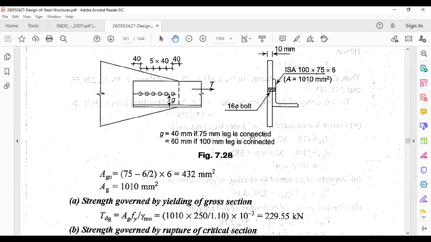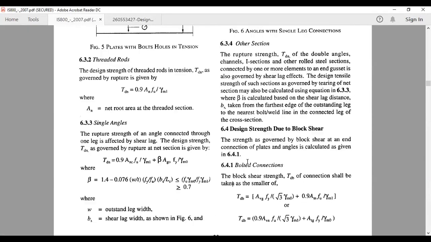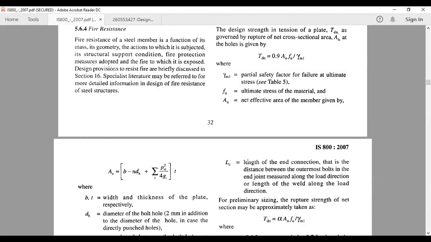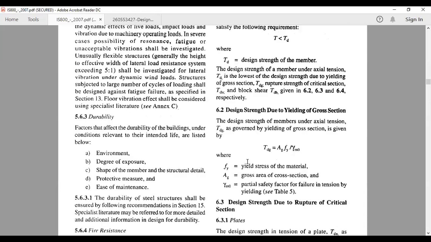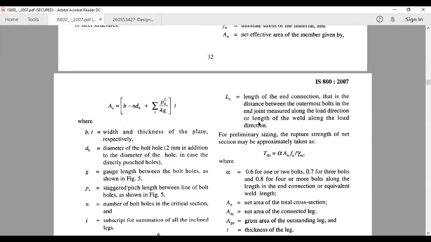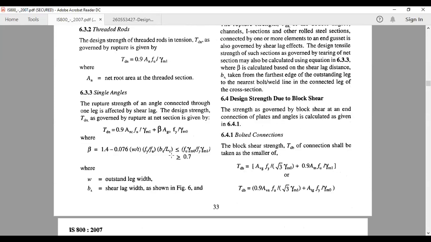If you have any questions regarding the design of tension members, in the code book you have 3 sections, that is, in section 6, you have 6.2, 6.3 and 6.4, which will help you in determining the strength of the angle section under tension.